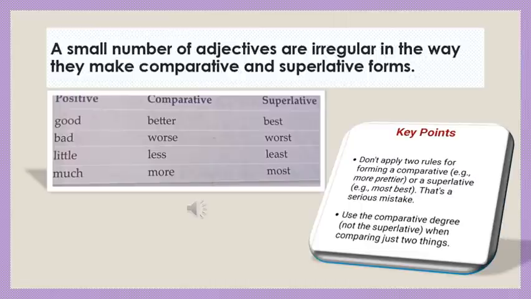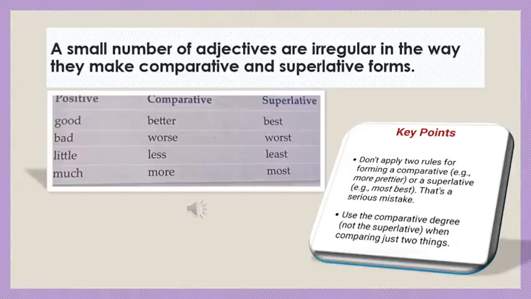Second example, bad. The comparative form is worse and the superlative form is worst. And the third one, little, less, least; much, more and most. These are examples for the irregular comparatives.